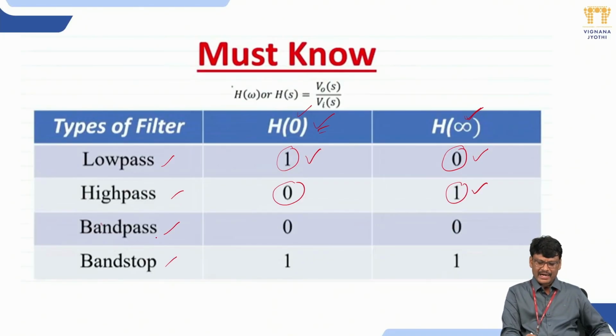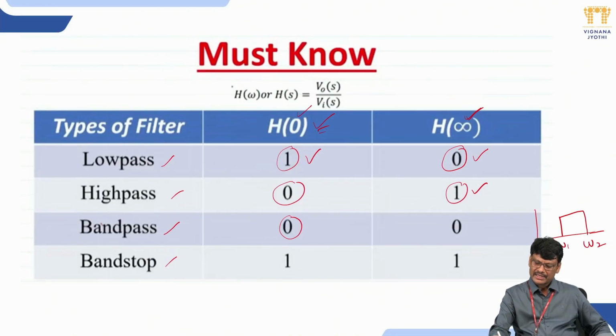And coming to band pass, band is nothing but a range of frequency. Now what is happening in the case of band pass? This is omega 1, and this is one more point, omega 2, right? For low frequency, gain is equal to 0.